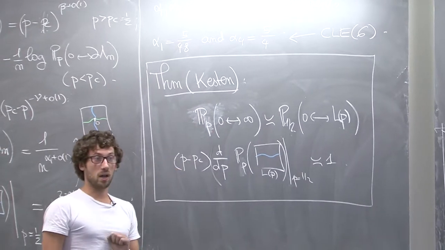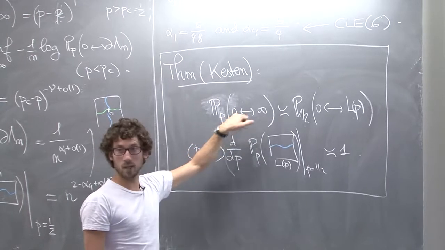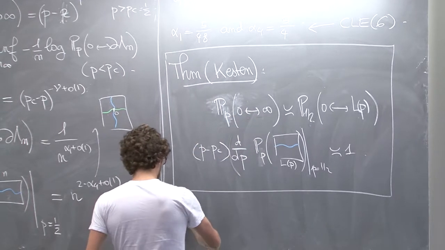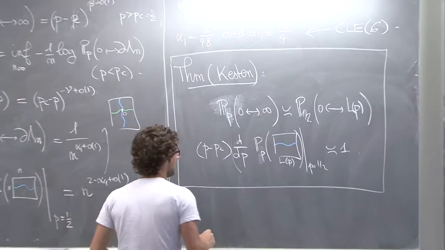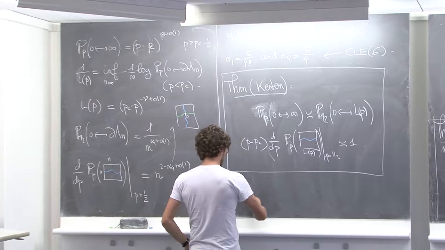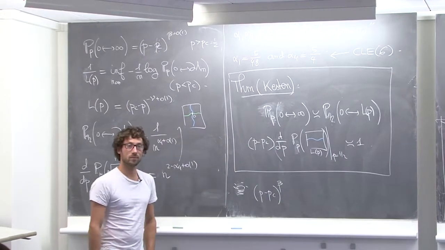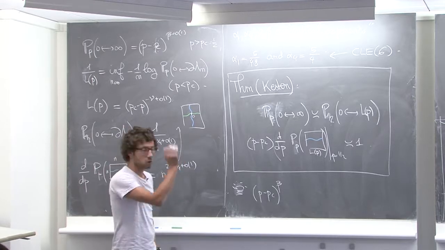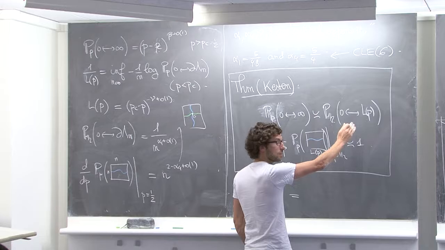Why are these things nice? Let's look at this one. Here this behaves like, so corollary, or let's say like that. I promise I'm going to give you a break. This is (p minus p_c) to the beta, right? Plus o(1). This guy is what?